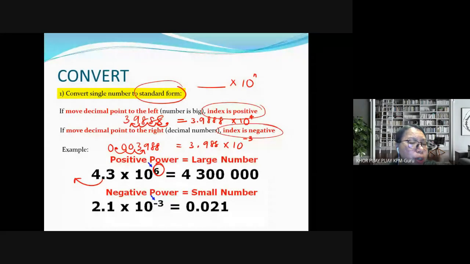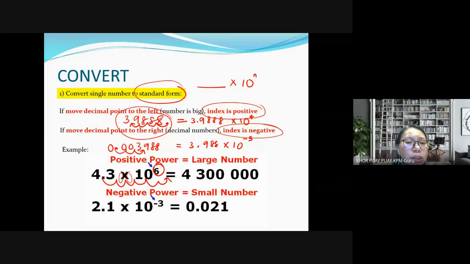Earlier we moved to the front, so now reversing, we must move to the back. So this one must jump 1, 2, 3, 4, 5, 6. When I jump to the back, what happens? You fill up all the spots with 0. That's why you get so many zeros at the back. This is how you convert a standard form to a number.